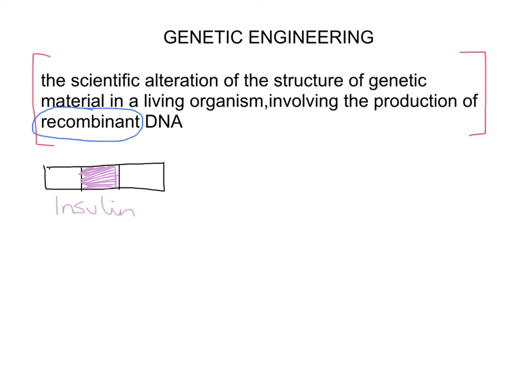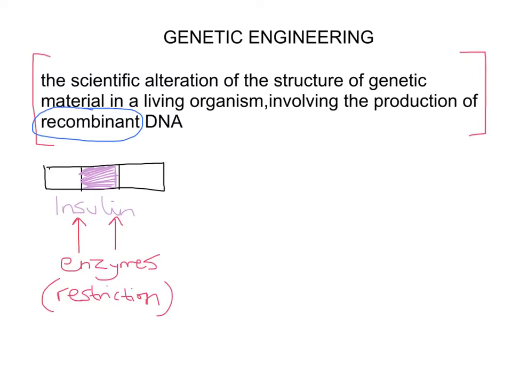And we're going to use enzymes to cut that portion of DNA out. Now those enzymes specifically are called restriction enzymes. So we're going to use restriction enzymes to cut out a section of DNA from a larger sample that we're interested in.